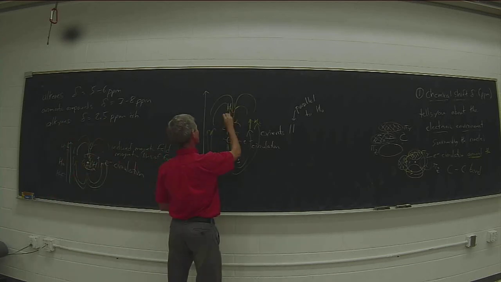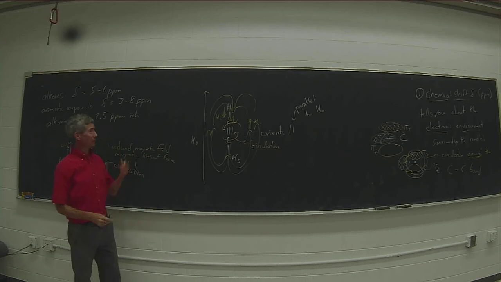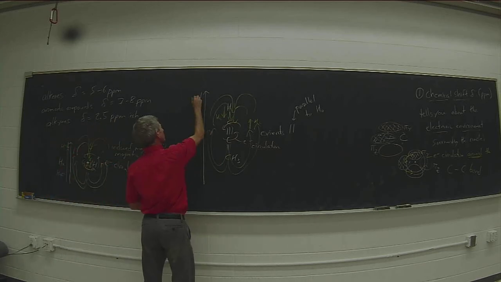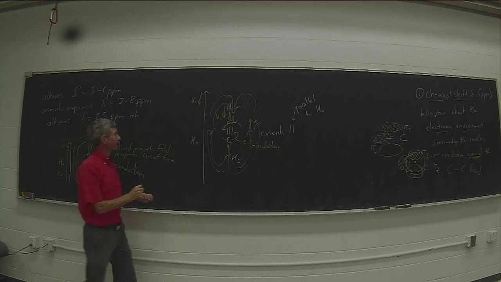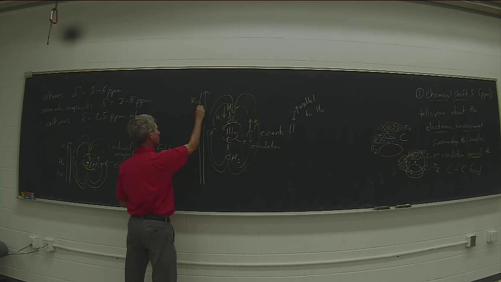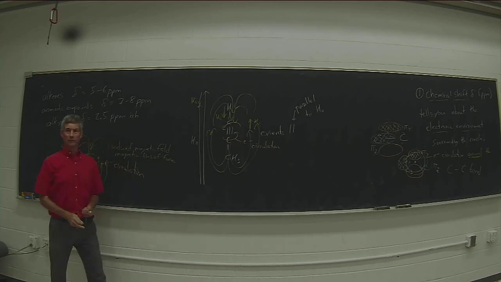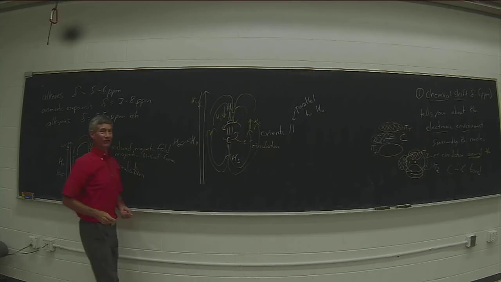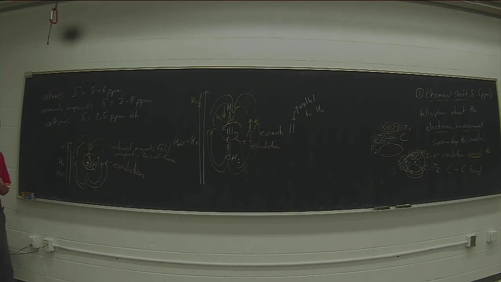The nucleus is now here. And where the nucleus is in the center of the ring current, which creates an induced field that actually opposes H naught. So H effective, in this case, is less than H naught.